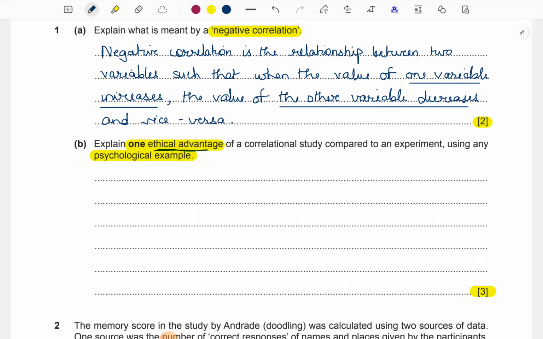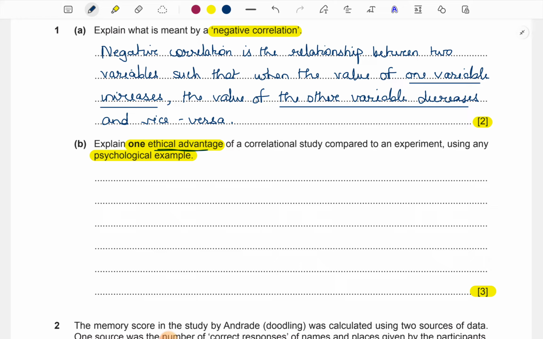So for example, if I want to study if I cause brain damage to somebody, will it affect, say, their language production skills or the way they reason? Definitely doing an experiment, meaning damaging somebody's brain, would be highly unethical because it causes them physical and psychological harm. So in that case, it would be better to correlate the extent of brain damage with the extent of loss of ability in reasoning or language production. So that comes to mind.